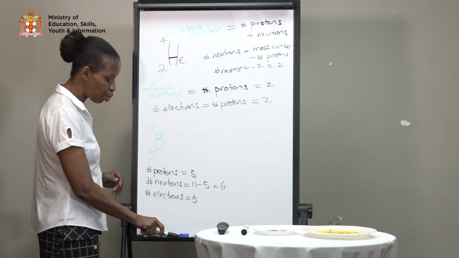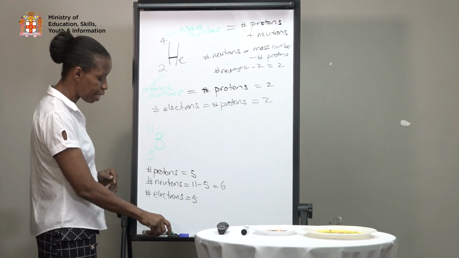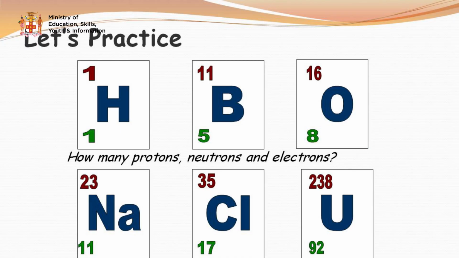All right, last one. I asked you to also look at chlorine, right? Again, if you look at your screen, you will see the notation for chlorine, and notice the first letter is capital when we're writing symbols. The second letter would be a lowercase letter. All right, so for chlorine, we can see on our periodic table 35 and 17, right?